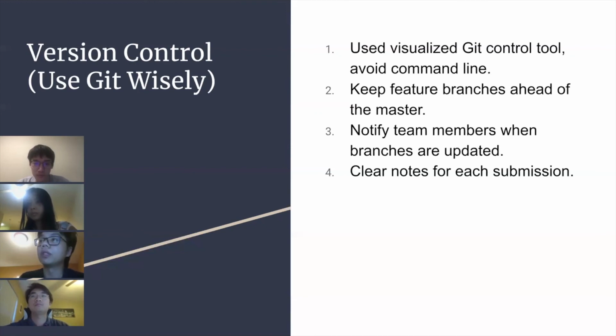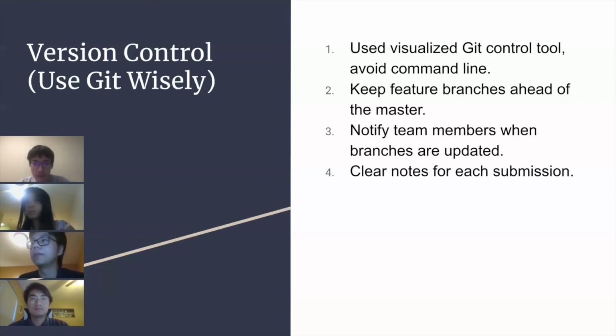And next, you should notify your team members when you update the branch, because in order to keep everyone on the same page, you need to let other people know what happened, which is another reason why we use the visualized Git control tool, because it helps us monitor the overall progress.